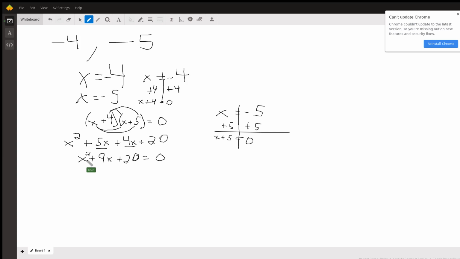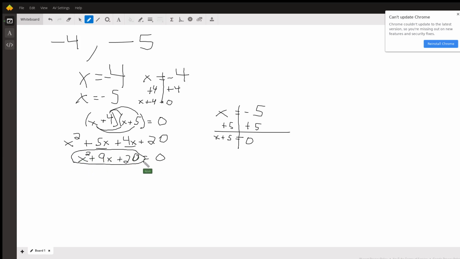And that is true, right? 16 minus 36 is -20, plus 20 is 0. So -4 checks out. -4 is a solution to this equation. -5, if we check that as well, we get 25 minus 45, giving us -20 plus 20 equals 0. That also checks out and gives us 0. So that's how we check our work.